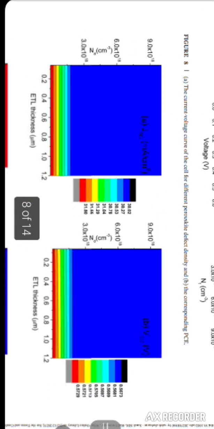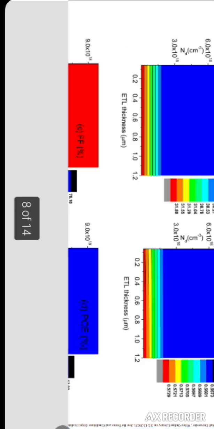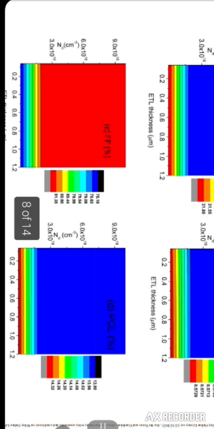And they also study the ETL thickness with the ETL doping density and find that ETL thickness does not affect the efficiency. ETL doping density affected efficiency more.